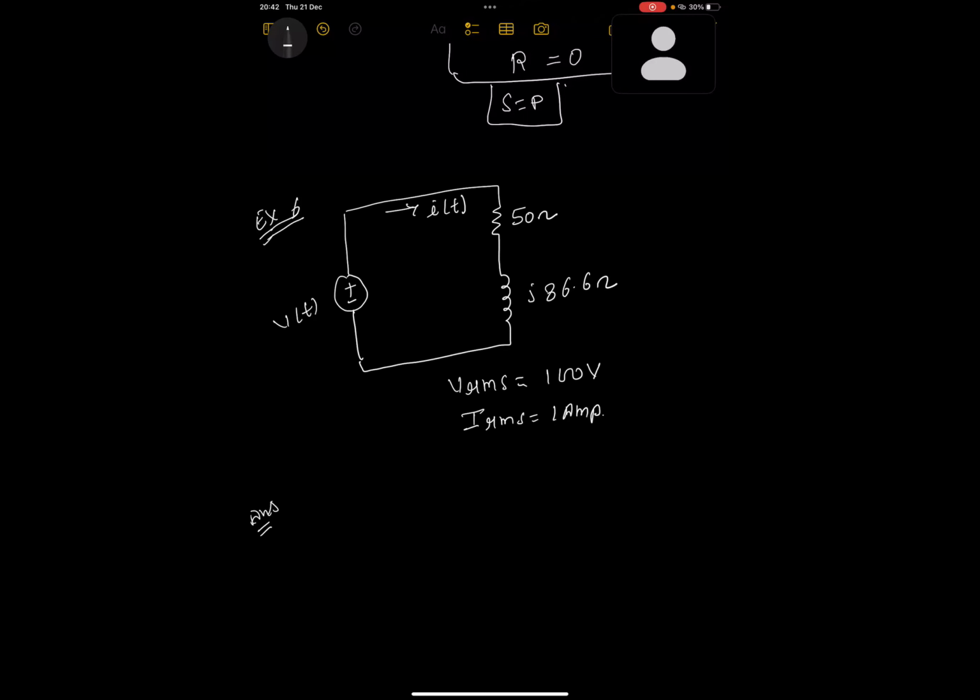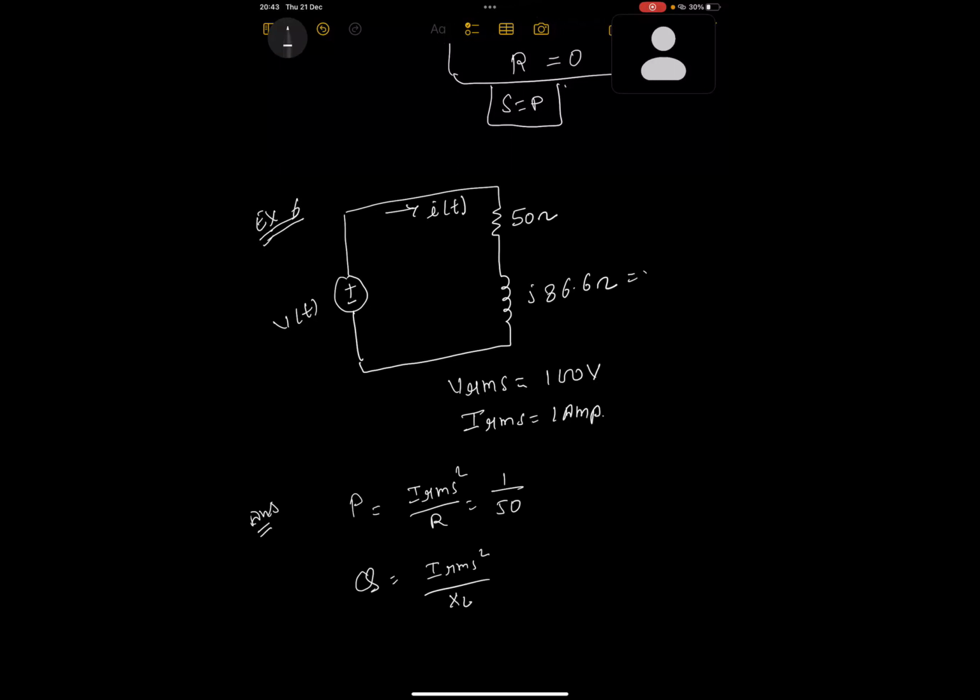First we have to calculate the real power, then I'll go for the reactive power. Let's see. Real power P equal to IRMS squared times R, 1 squared by 50. You can say jQ equal to IRMS squared times XL.